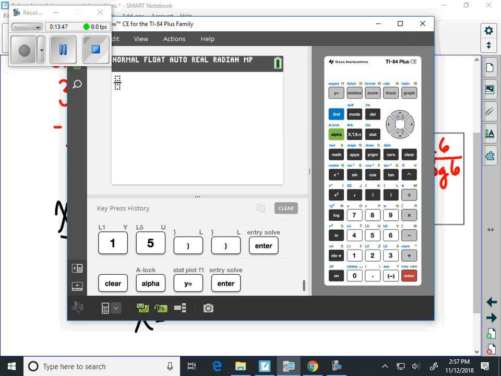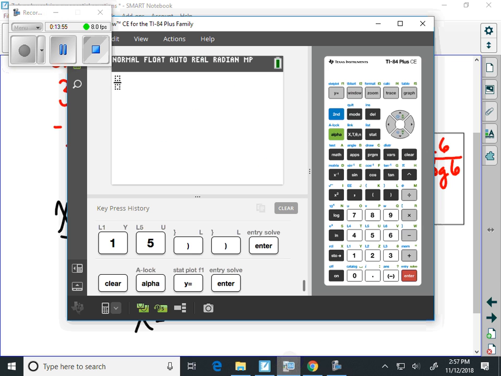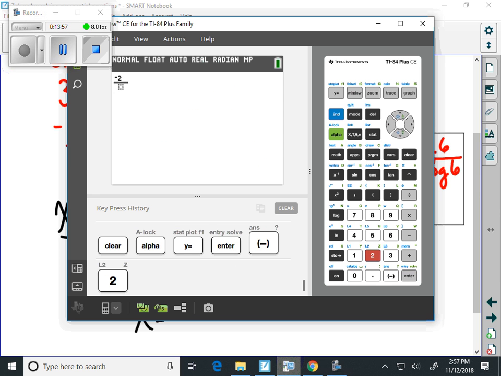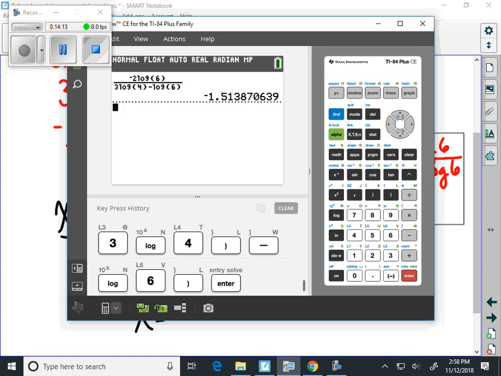And this time, sorry, I have to look back at it. Negative 2 log 6. Close that parentheses. And then down here, 3 log 4. Close the parentheses. Minus log of 6. Close the parentheses. And that gives us that value here.